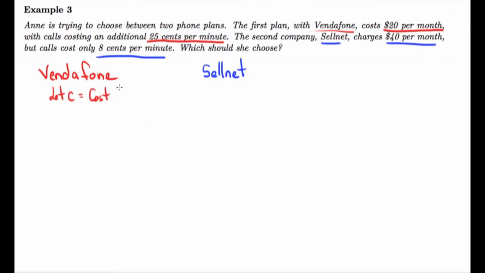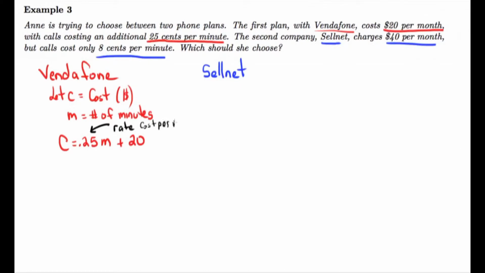So we should let C equal the cost in dollars and M equal the number of minutes. So the cost for Vendafone would be the rate, which is 0.25 times the number of minutes, plus her one-time cost per month, which is $20 for the plan.